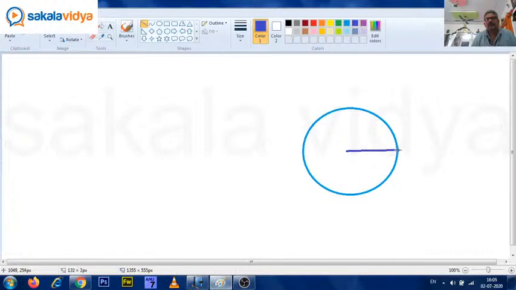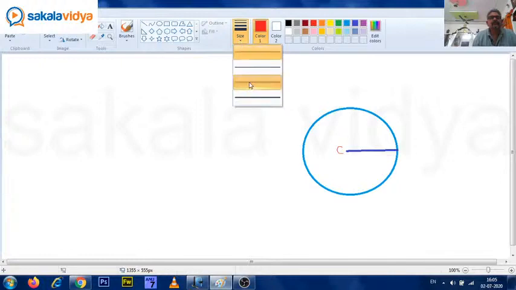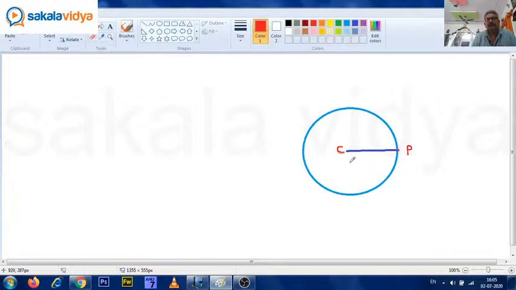This is called radius. Say this is C, this point is P. Say this is R, radius R.